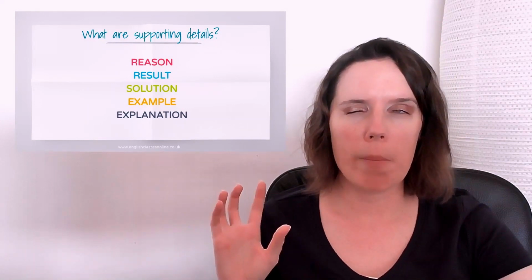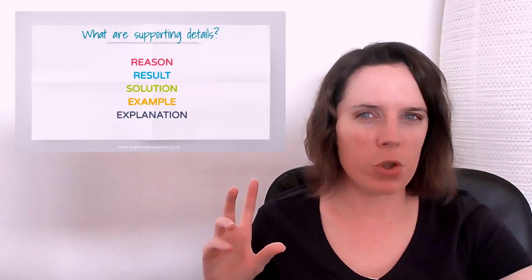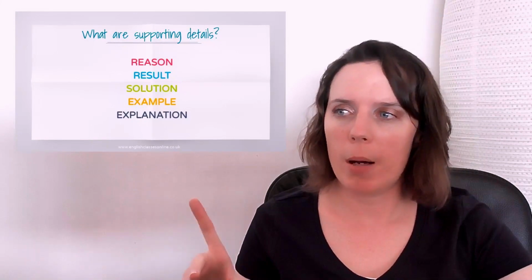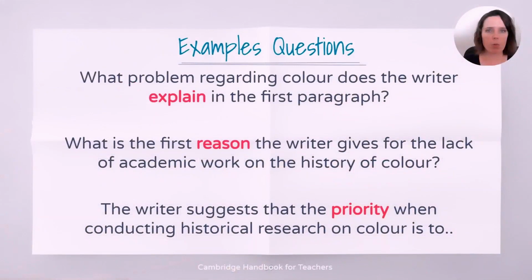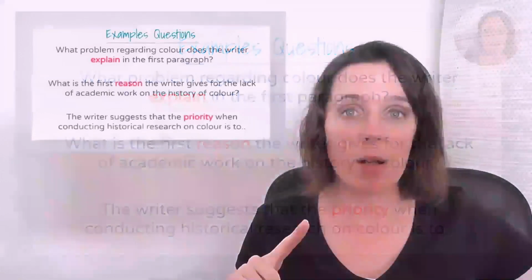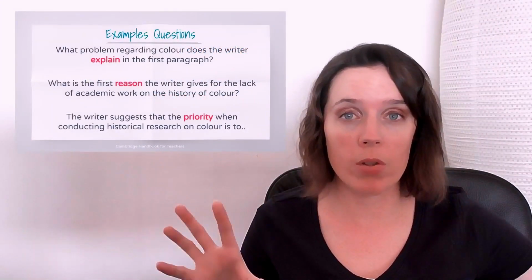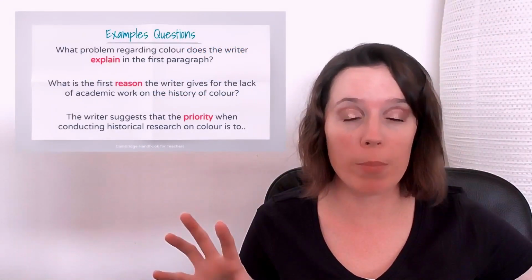If you can't quite imagine that, or you're still not sure why this is important, I'm going to show you some examples of real questions. These questions come from a practice test in the Cambridge Handbook for Teachers. You can actually download this for free. It's a free document on the Cambridge English website.